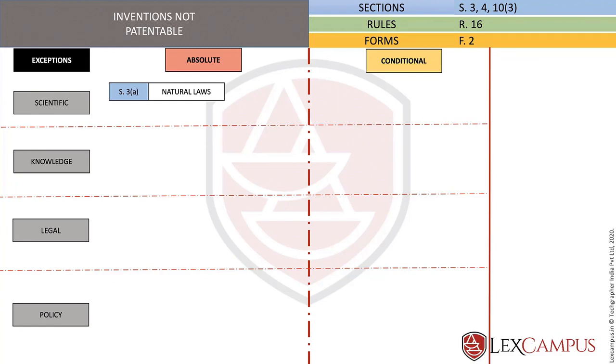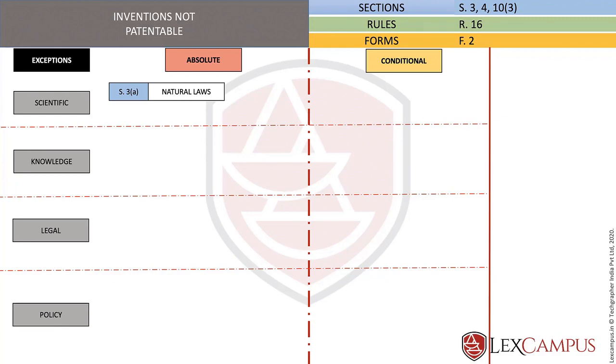Now, an invention that is capable of perpetual motion will be hit by this provision because it is against well-established natural laws. Now, the second law of thermodynamics talks about entropy, and we know that in any process or in action, entropy will set in, and that will decrease the amount of energy available for the next round of action. So, as long as there is entropy, there cannot be perpetual motion.